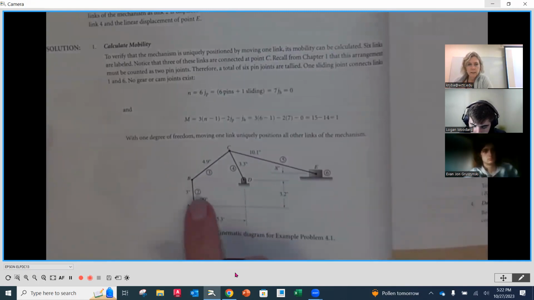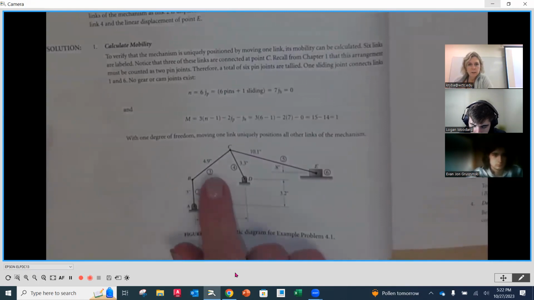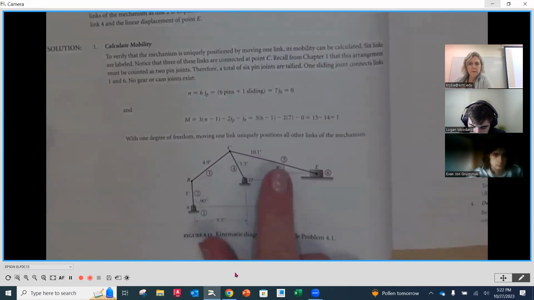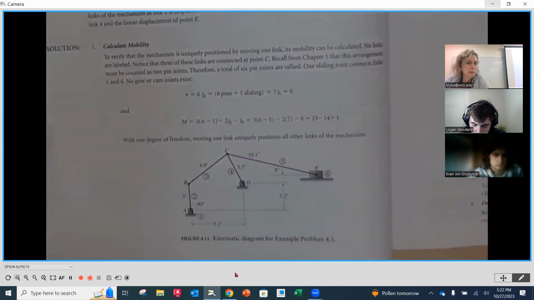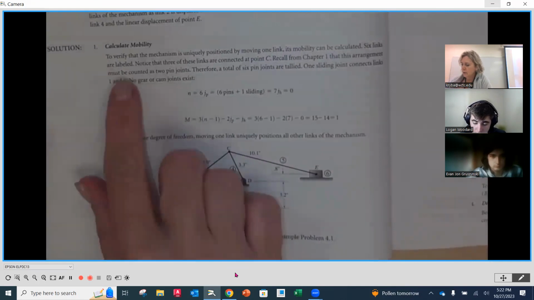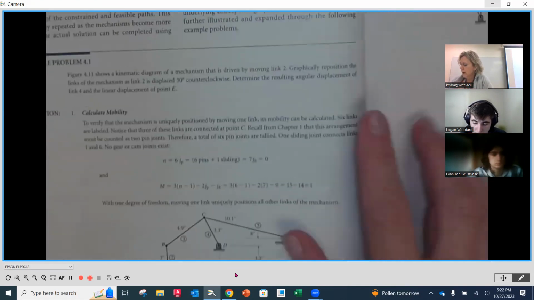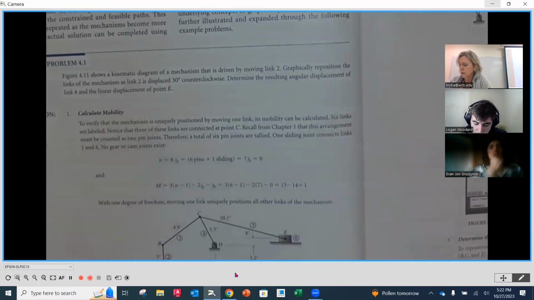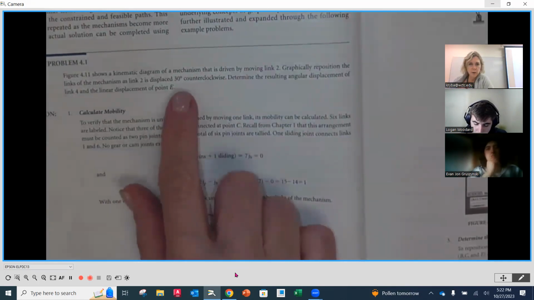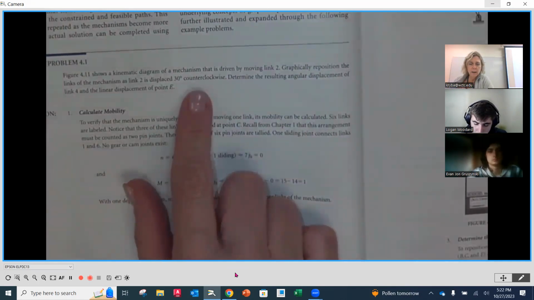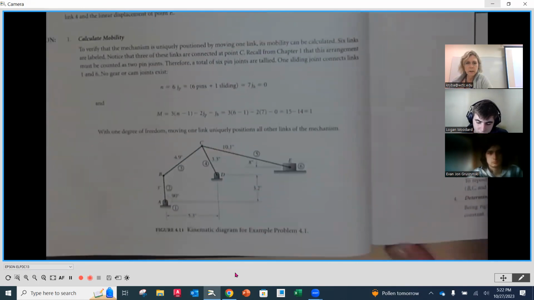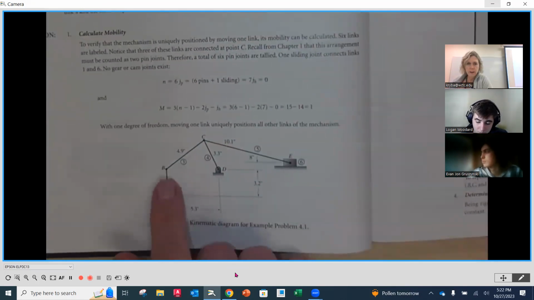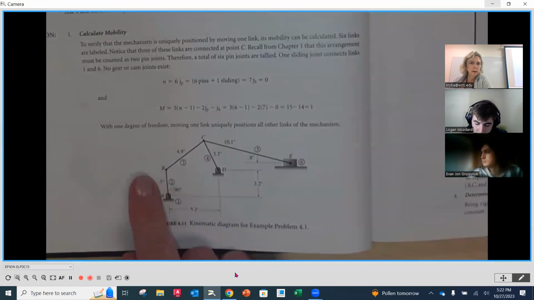Then we've got link number 2, which is going to be our driver, and then link numbers 3, 4, 5, and that slider is number 6. First thing we want to do is graphically reposition the links so that link number 2 is displaced 30 degrees counterclockwise from where it's at. So link number 2 is right there, and we're going to move it counterclockwise 30 degrees.